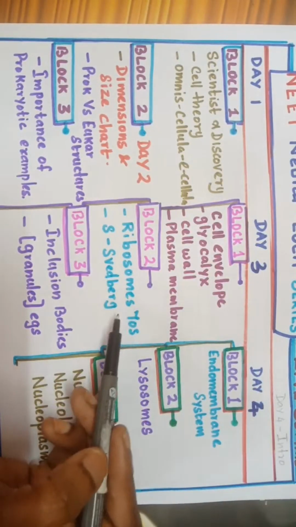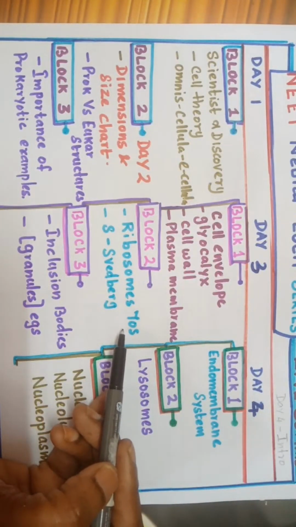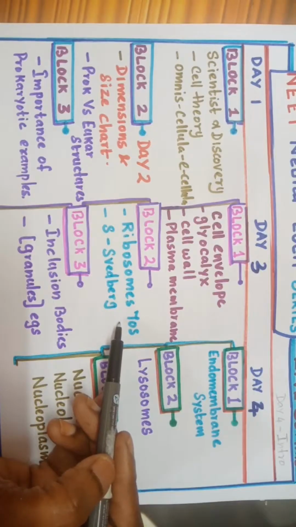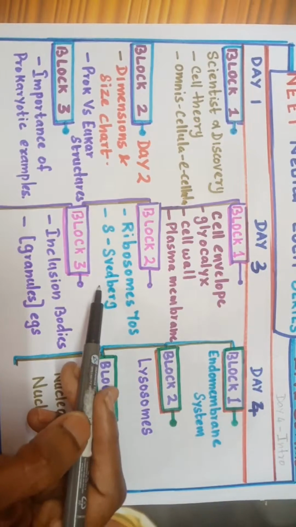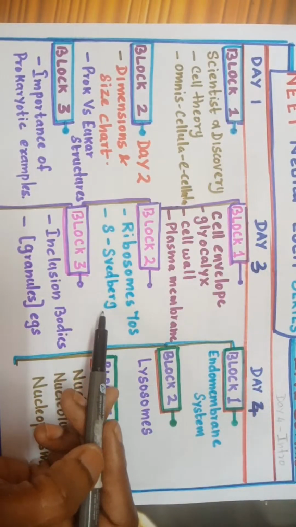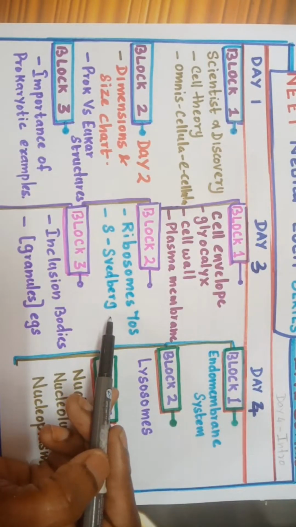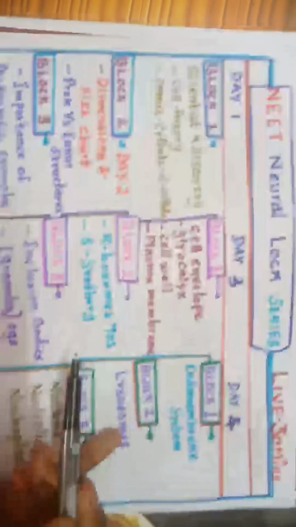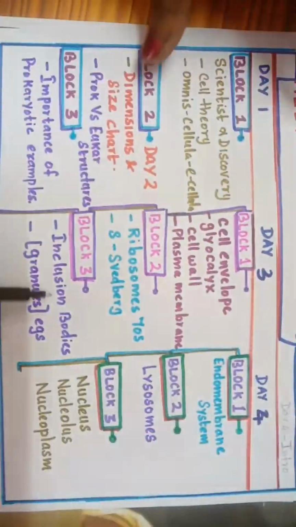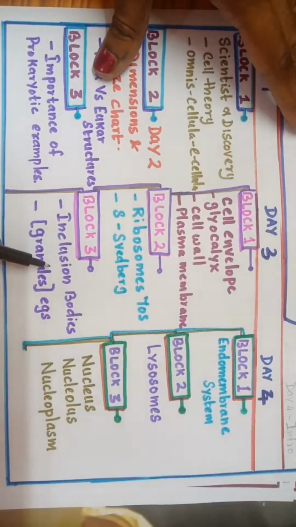Next is block 2, we saw ribosomes, 70S type in prokaryotes, made of 2 subunits, 50S plus 30S, larger and a smaller unit. S stands for Swedberg units, which is the sedimentation coefficient, an indirect measure of density and size. Next is the block 3, we saw about inclusion bodies.